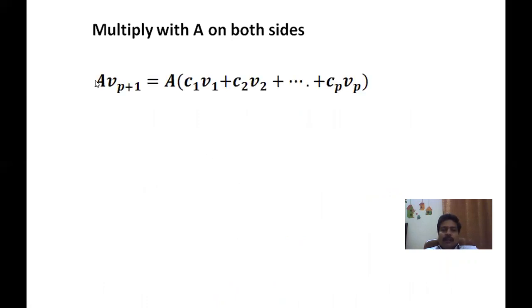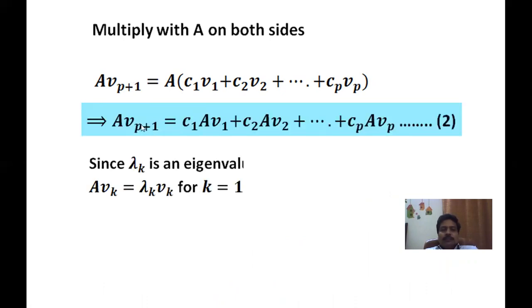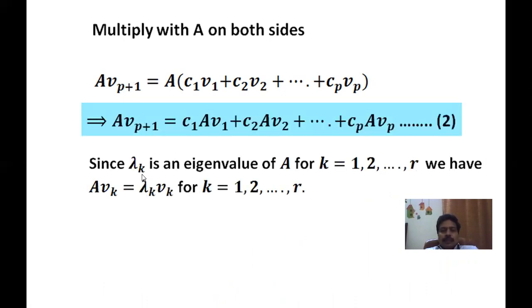After multiplying with A on both sides, we will get this one. And since lambda k is an eigenvalue of A, A Vk can be written as lambda k Vk. So all these AV1, AV2 and so on, AVp and AVp plus 1 can be replaced by these lambda k Vk.